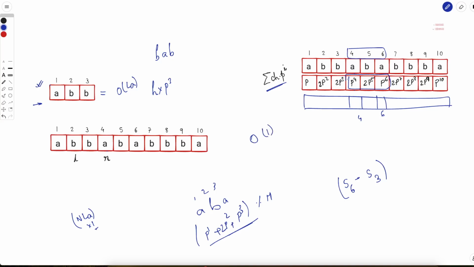You initially figure out this particular prefix array in order n time, and after that you can figure out the hash of this entire substring in just order one time. And for each hash you can simply compare it with the hash of this string, that will also take order one time. So for each index, to know whether it is matching with this entire string or not, you are now taking just order n time, right?